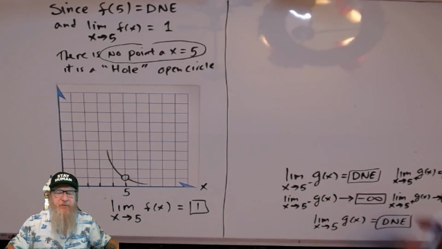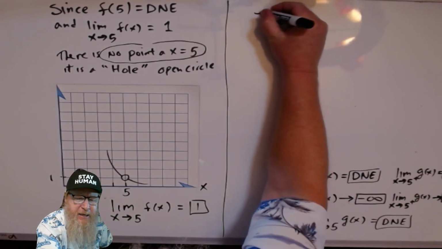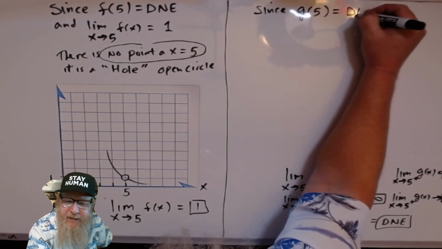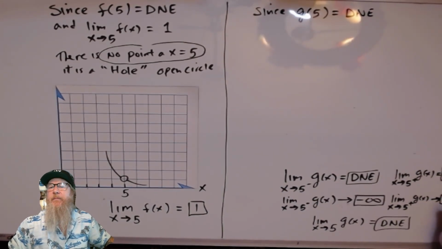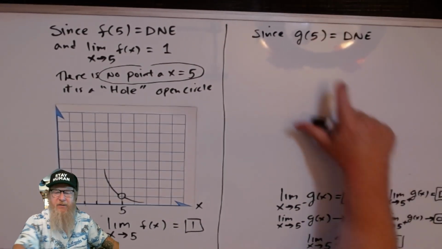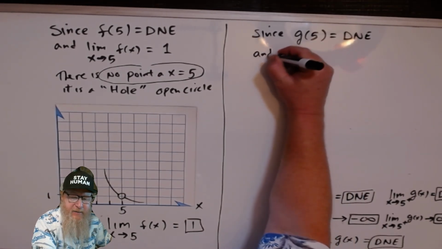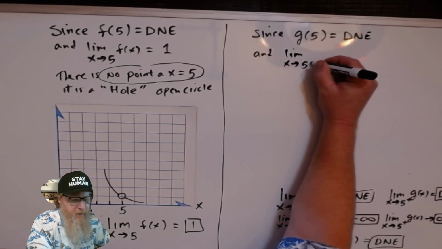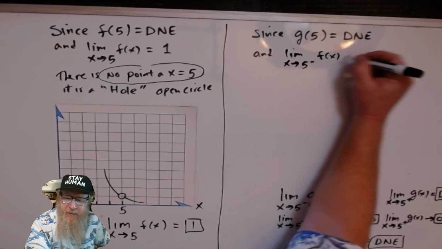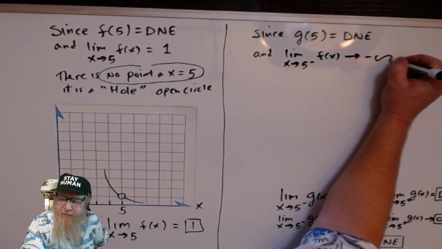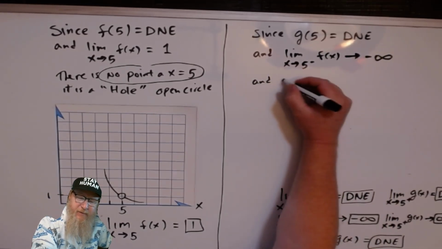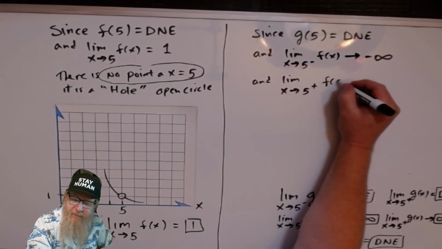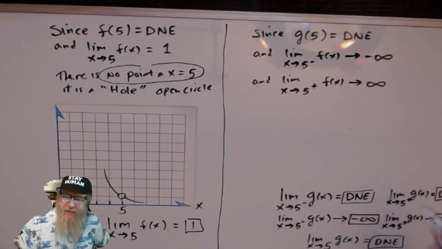Let's compare that to its counterpart, g. Since g of 5 is also DNE, g of 5 is also DNE, and the limit as x approaches 5 from the left is negative infinity, and the limit as x approaches 5 from the right is positive infinity.